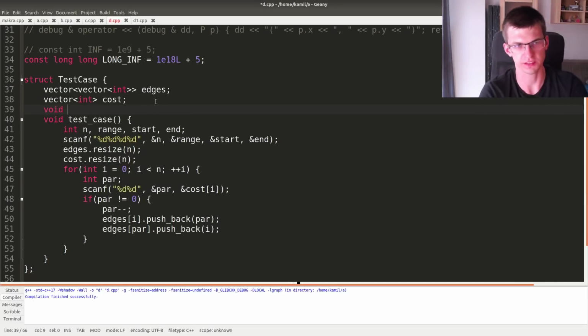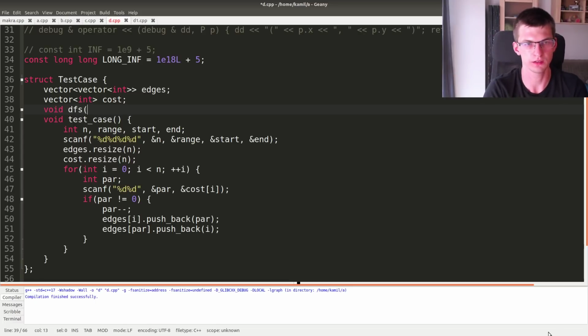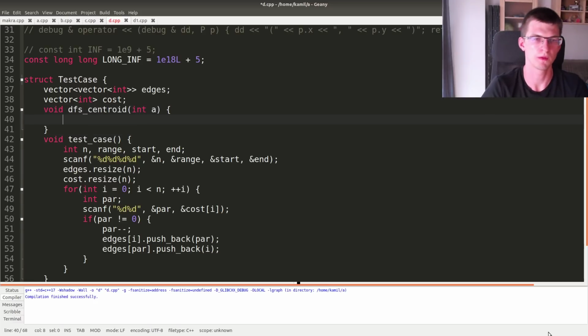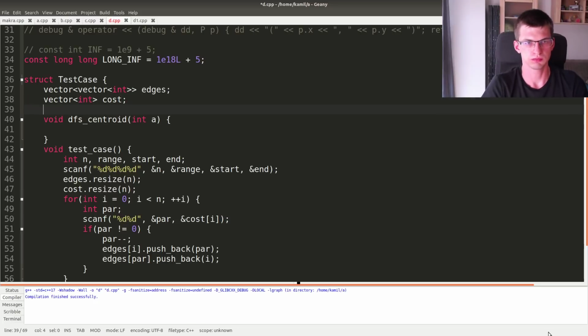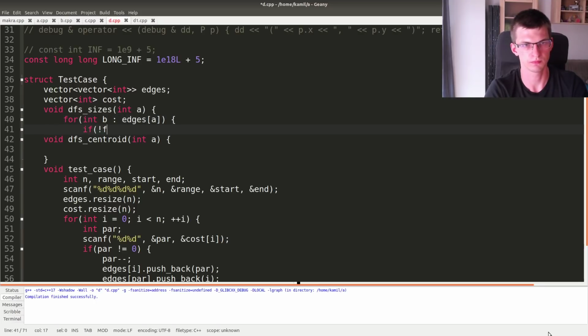Now a lot of DFSs to create centroid decomposition. First there was the one to compute subtree sizes. B and B is not parent.